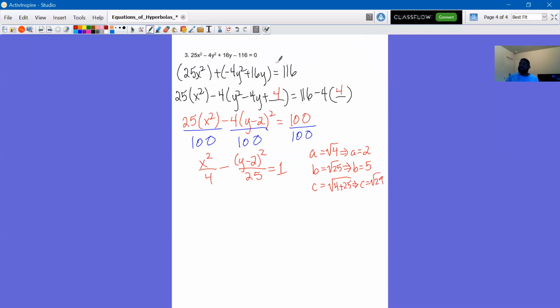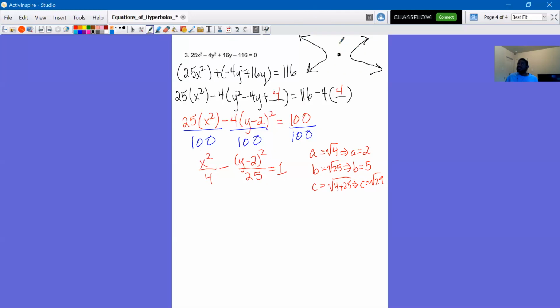How do I know a was 4? Because again, the square term that's positive is where your a is located. So here, our a squared is 4 and our b squared is 25. And because of that, we know that our hyperbola has to open left and right.